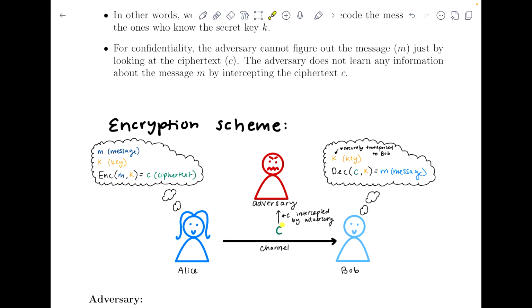Taking a look again at this channel, I have C, and there's this person in the middle called an adversary, whom we often refer to as Eve because they're an eavesdropper. So we have Alice, Bob, and Eve. Even if that eavesdropper sees that ciphertext, they still shouldn't be able to figure out anything.